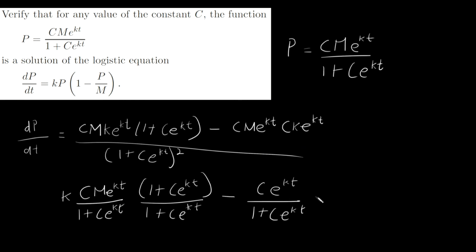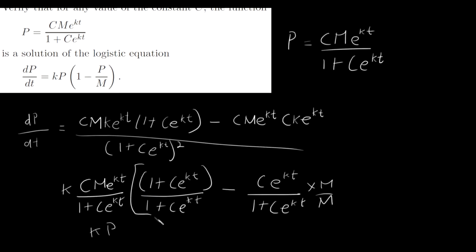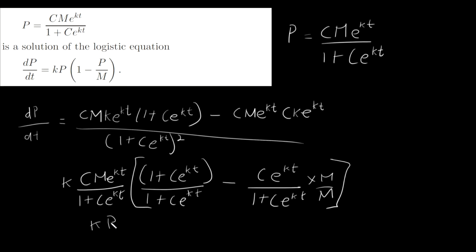All I need to do is multiply this by M over M, because that is just 1 and doesn't change anything. But what it does change is that if I move the M into there, it makes this P, and it leaves an M downstairs. So this is P, so this is the same as kP. I should put big brackets over here to make this very clear. So this is kP.